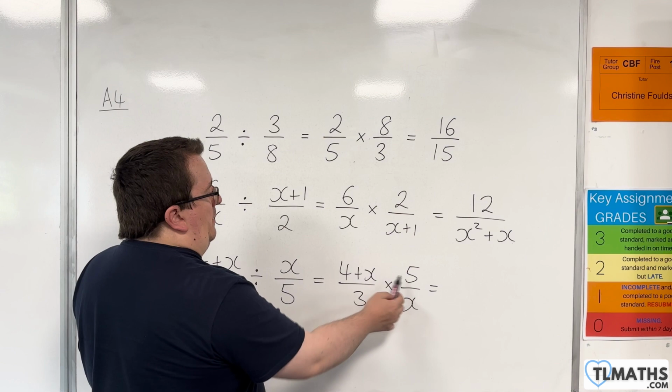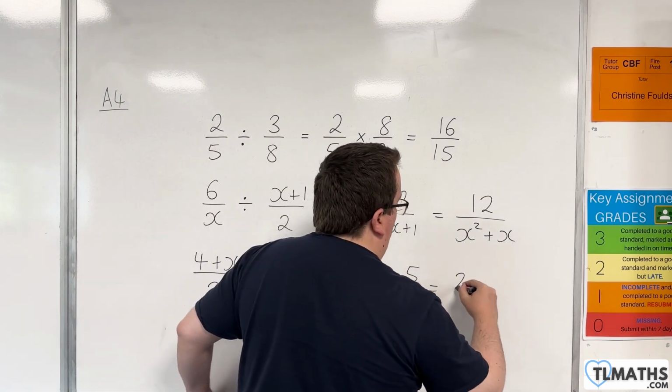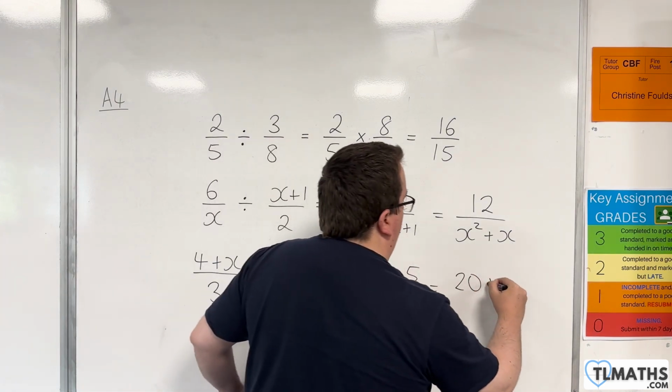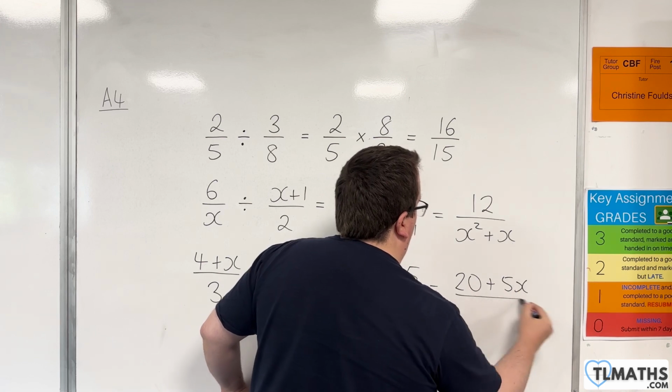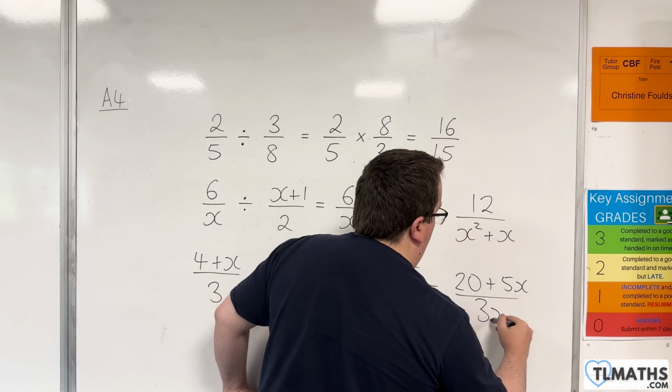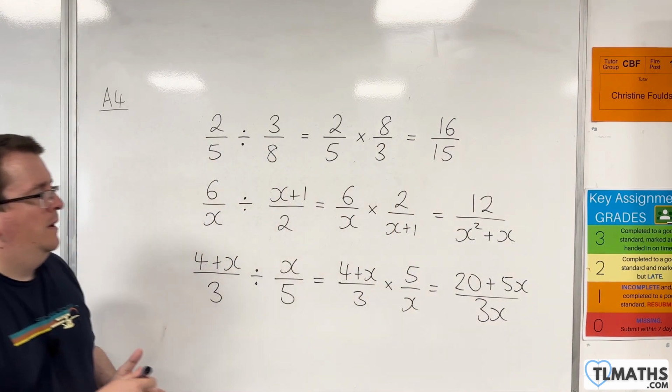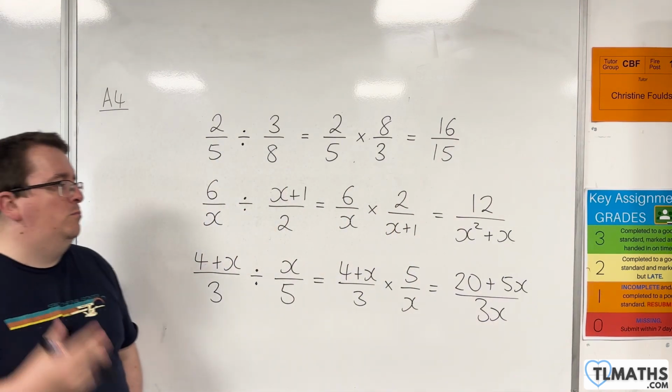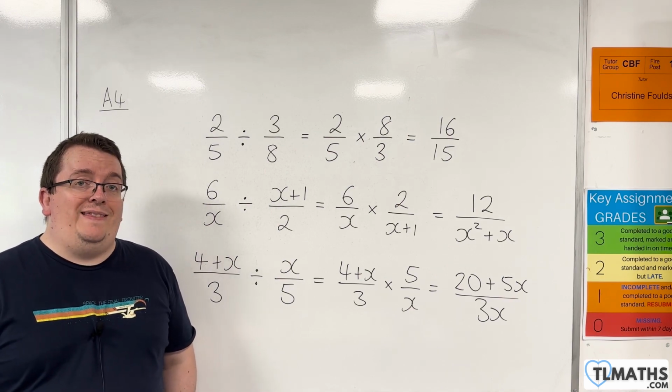So 4 plus x times 5, 4 times 5 is 20, x times 5 is 5x. And now multiply the denominators together, 3 times x is 3x. Okay, so what we're going to do is look at some more examples of this in the next video.